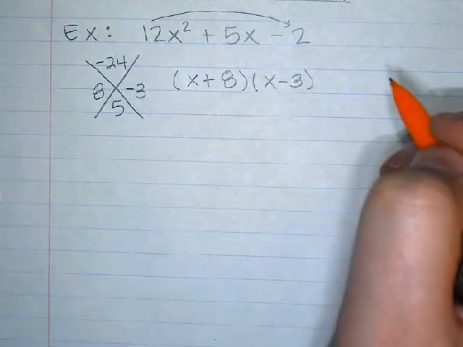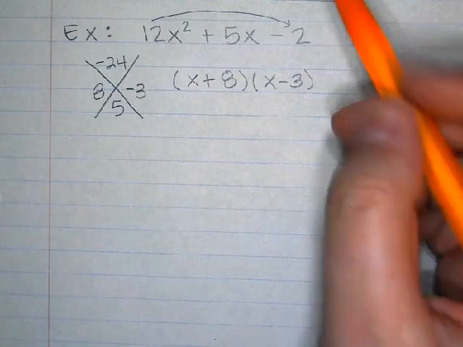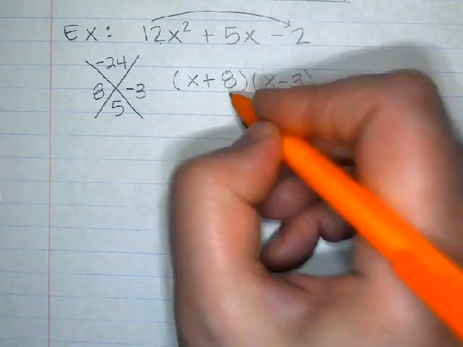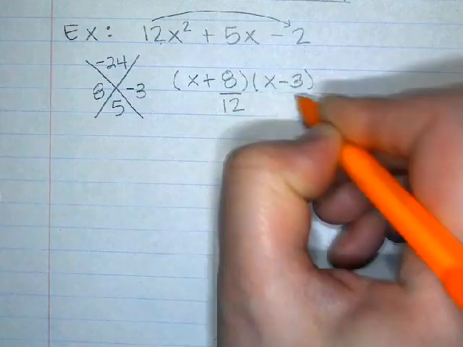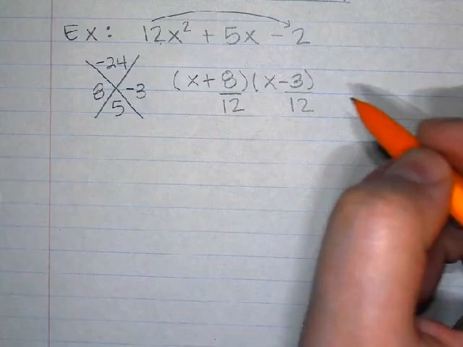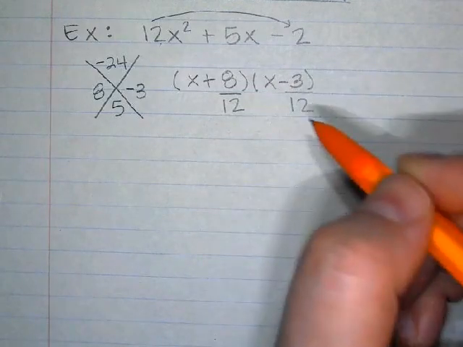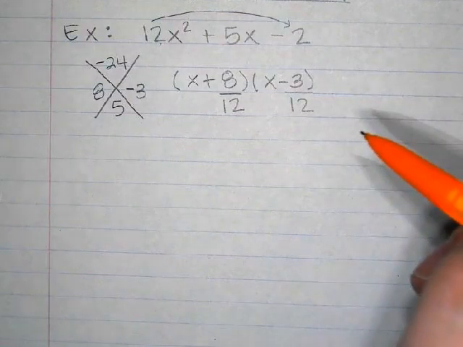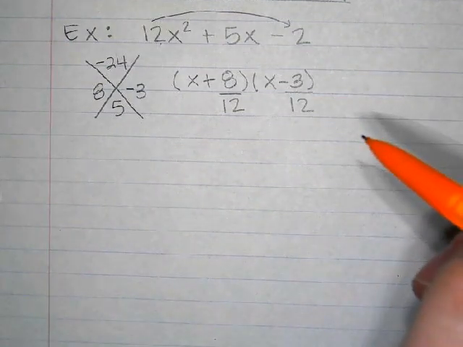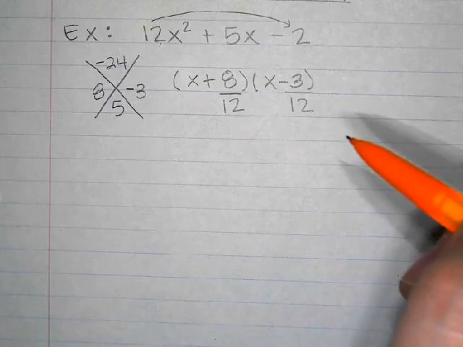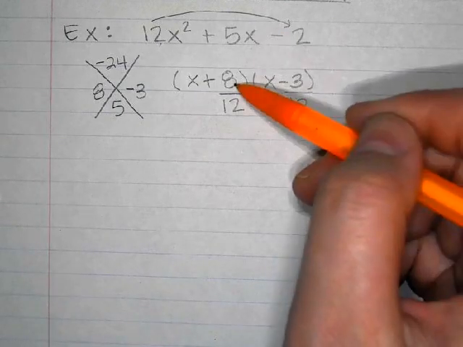The number that we slid over was 12, so now we have to divide by 12 and divide by 12. And this is an interesting problem because both of those fractions reduce. So 8 over 12. What number divides out of 8 and 12? 4.